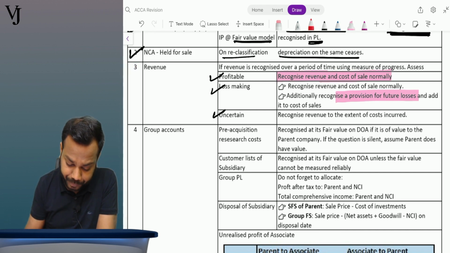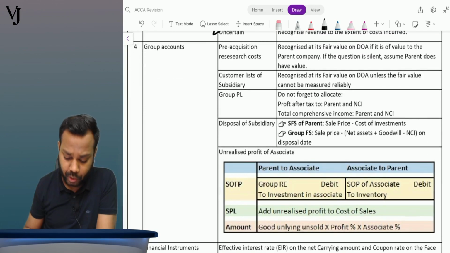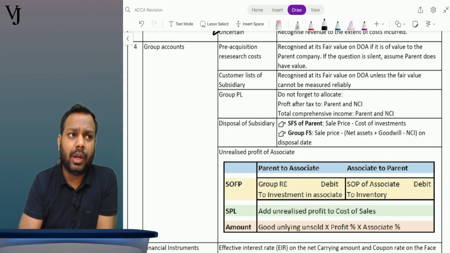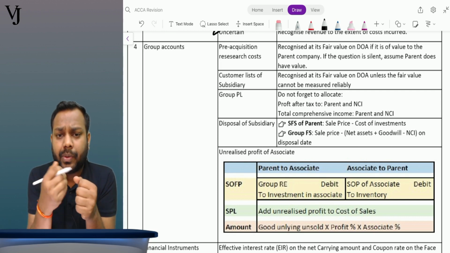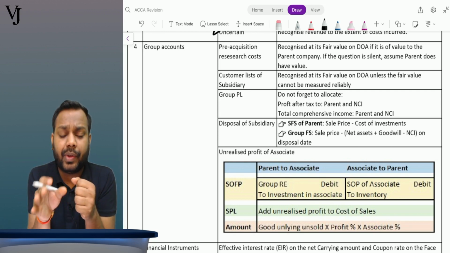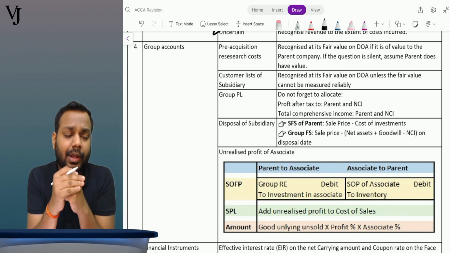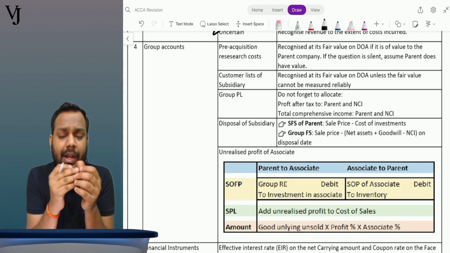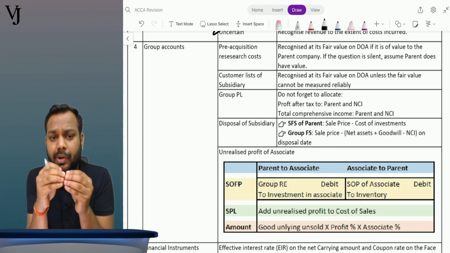Now, group accounts. As we discussed, in group accounts all the assets and liabilities of the subsidiary company will be acquired at fair value on the date of acquisition. Now, as per IAS 38, if any company incurs research cost, that is transferred to P&L.